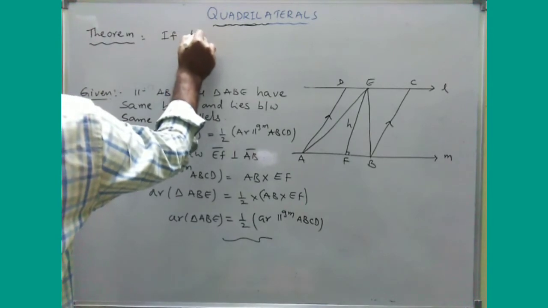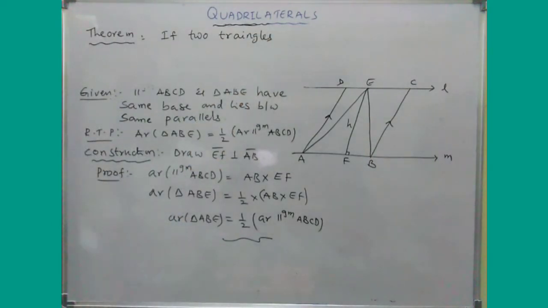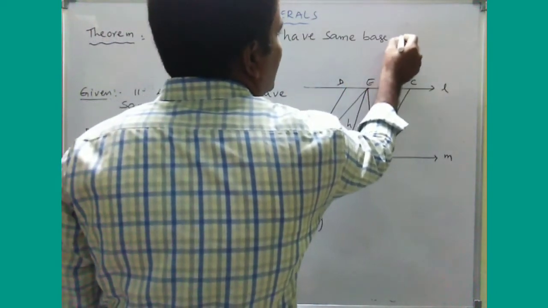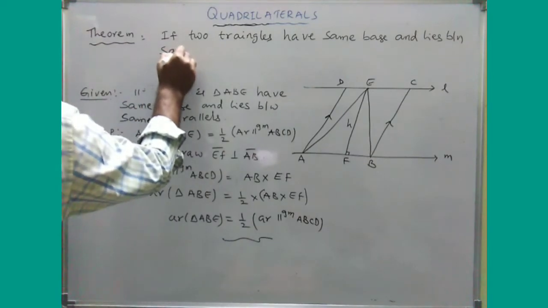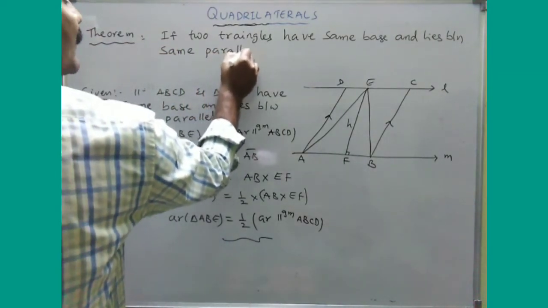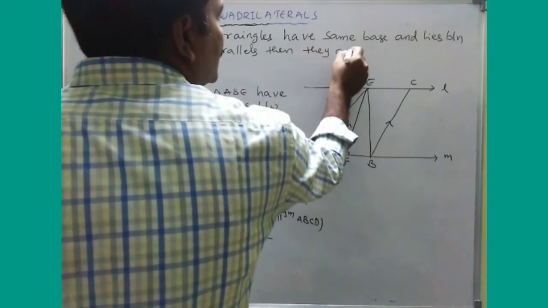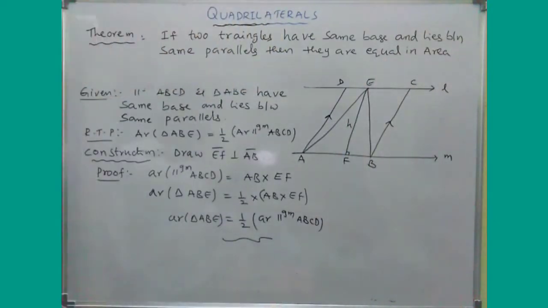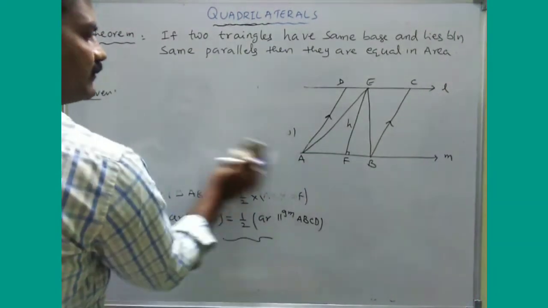If two triangles have the same base and lie between the same parallels, then they are equal in area, or else their areas are equal.